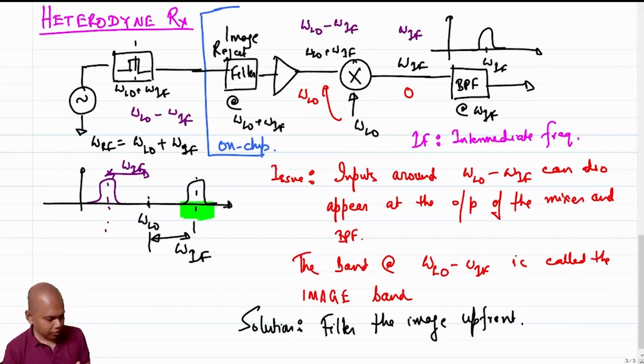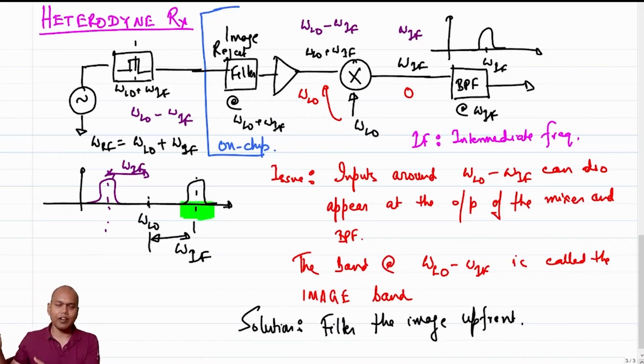Right? So obviously you see that you are not directly taking the input. If the input was around omega LO plus omega IF, at the output of the band pass filter you are not getting things around DC, right? You are getting things around another center frequency omega IF. So that's why it is called an intermediate frequency, because the job is not yet done.